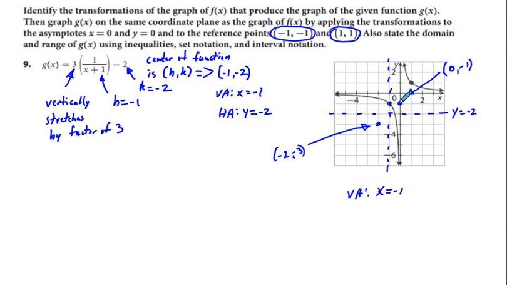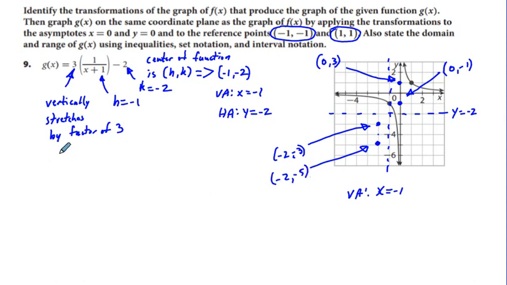So that's times 1 times 2 times 3. So that's where this is going to be, what I'm arrowing to right now. That's going to be the point, coordinate pair of 0 comma 1, and below the horizontal asymptote of y equals -2, that one is going to be vertically stretched by a factor of 3 also. So I make that point here, and that's going to be the point -2 comma -5.